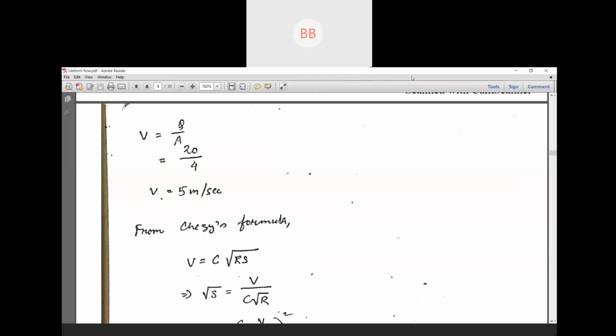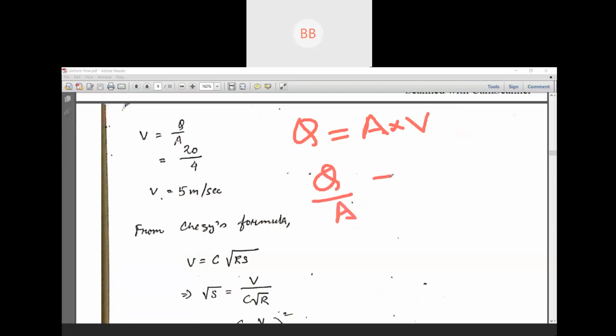You can directly use those equations, or you can also solve in this way. No issue. That is Q equal to area multiplied by velocity, so velocity equal to Q by area.